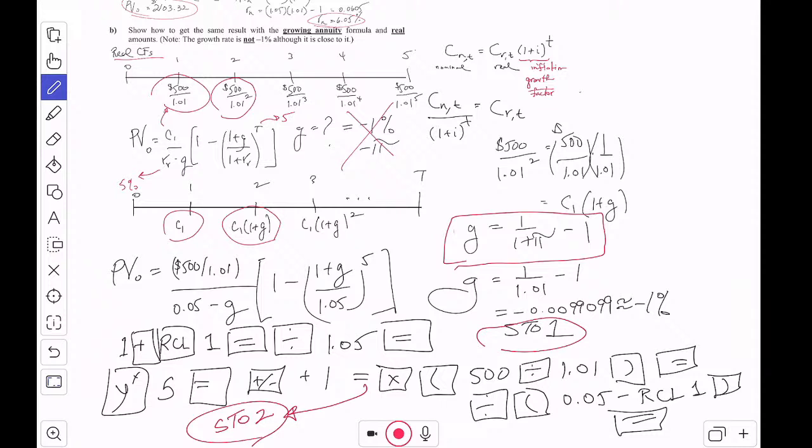So it takes a little bit of time. Close bracket equals divided by open bracket 0.05 minus recall 1. It's really important to leave the negative decimal value in storage to get the right answer. And you see, you get exactly the same answer.